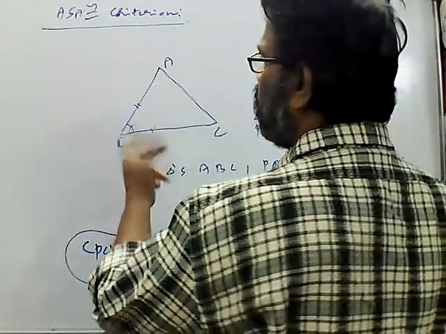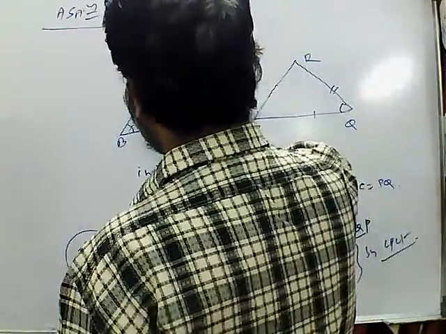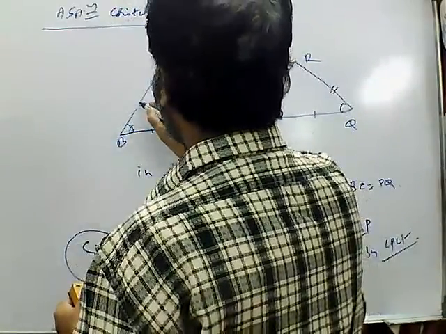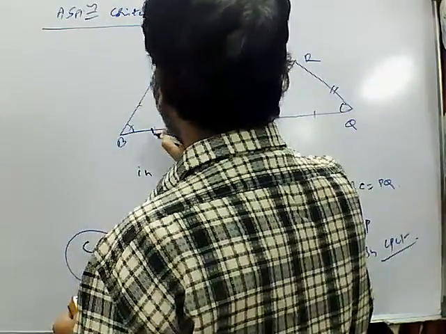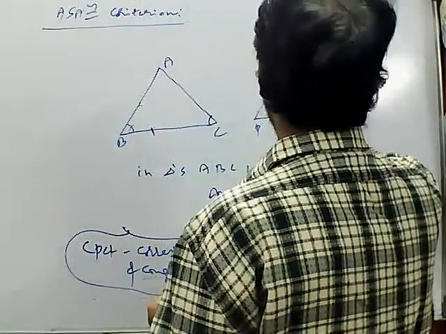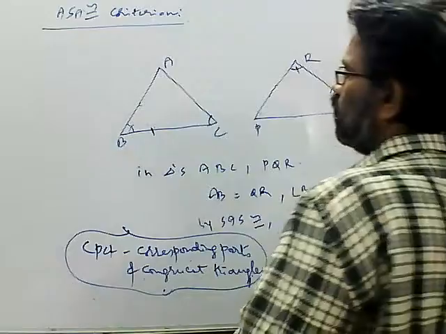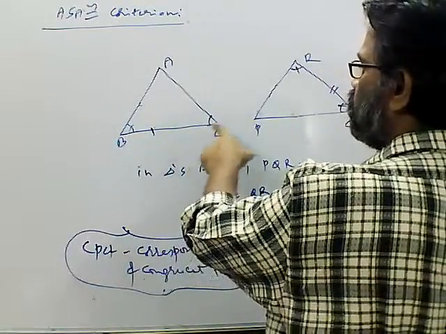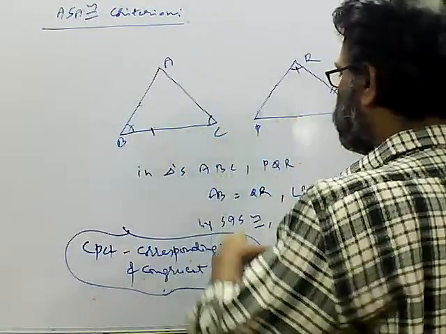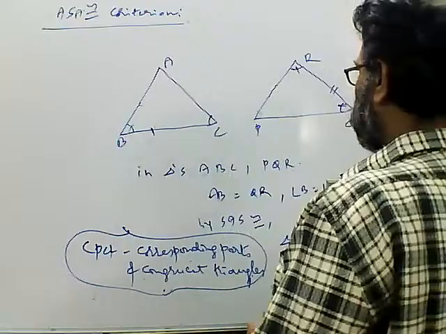Two angles and the included side. See here, two angles and the included side here also. Now in triangles ABC and PQR, what can you say?